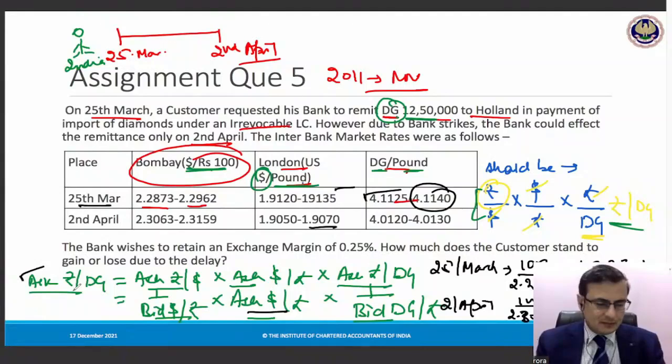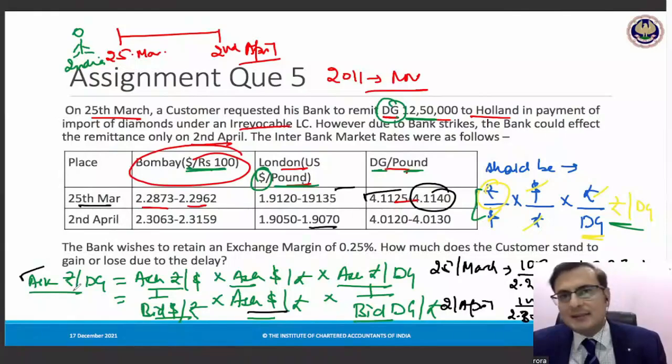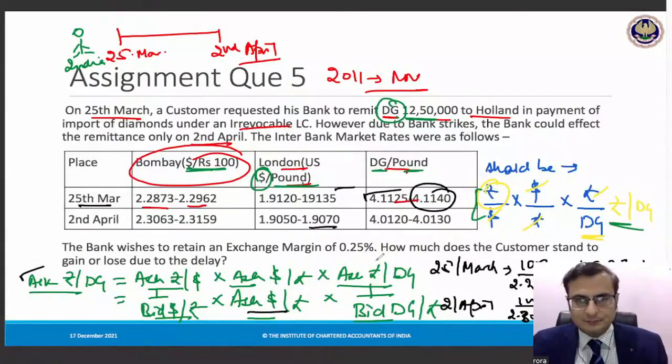So the first one, that is 25th March: 2.2873 into 1.9135 divided by 4.1125. That comes out to be 20.34. Everybody has got that?